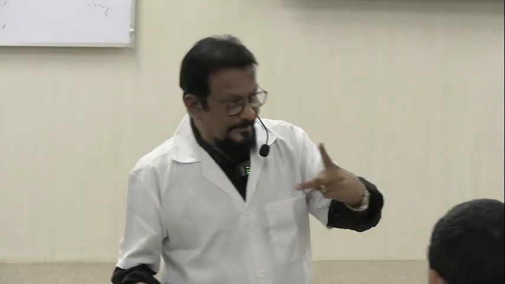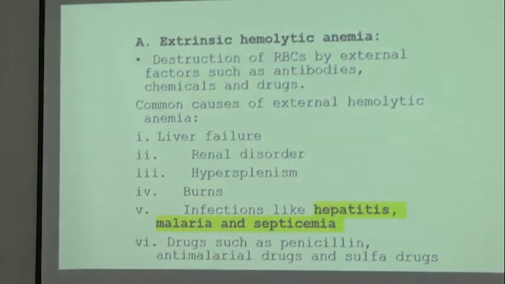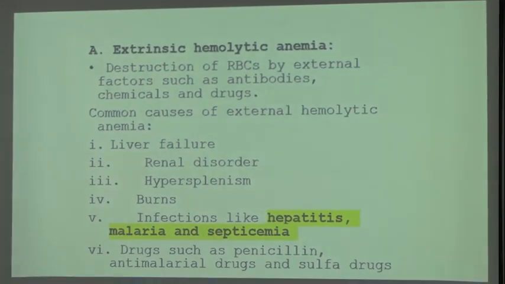I will explain. So two factors are there: external factors and internal factors, meaning factors within the RBC. External factors are from outside. So let's see what the extrinsic factors are. Here, destruction of RBC by external factors such as antibodies, chemicals, and drugs.